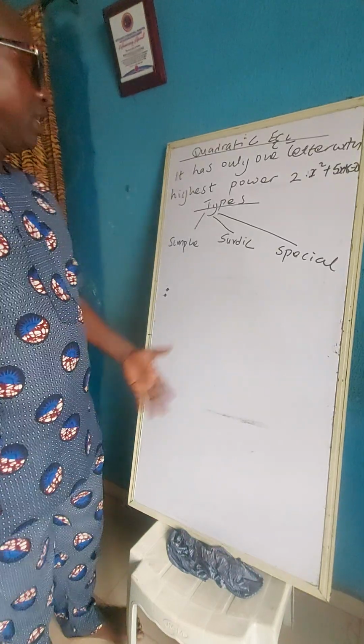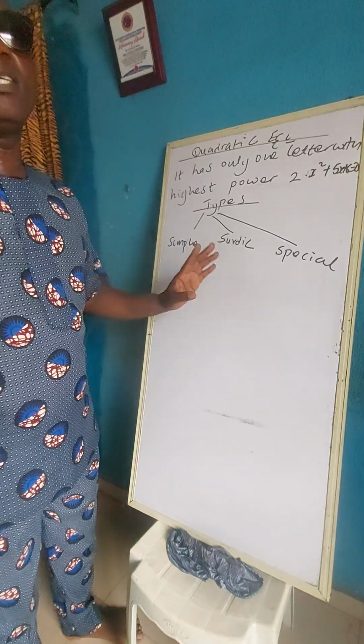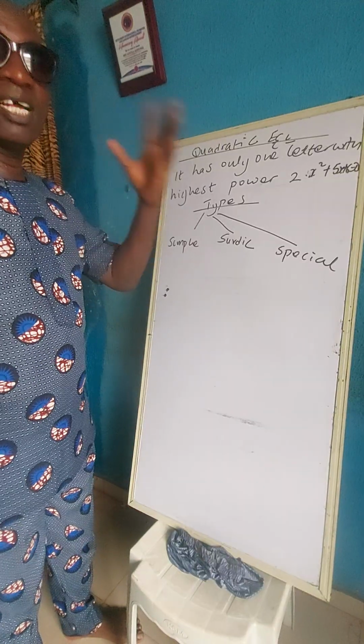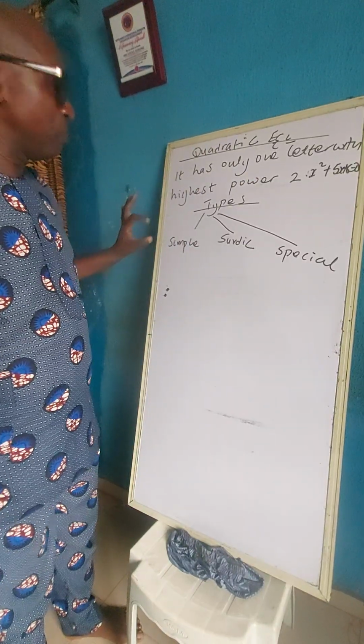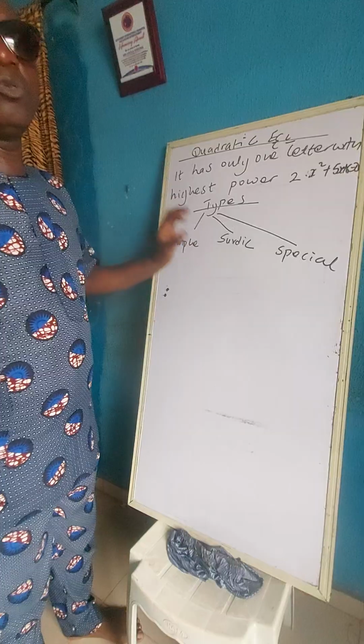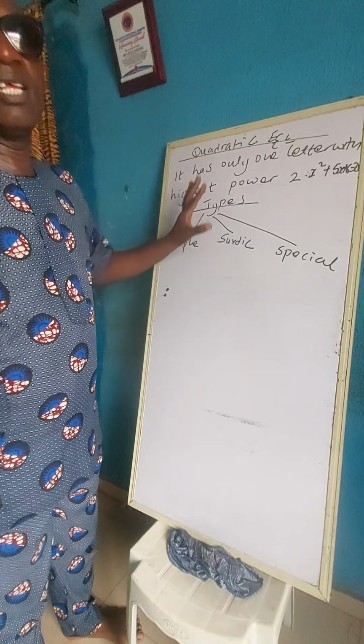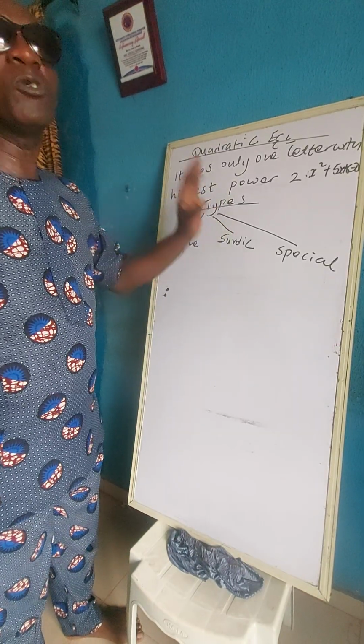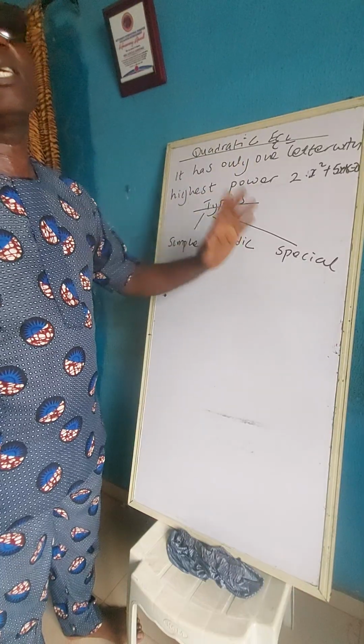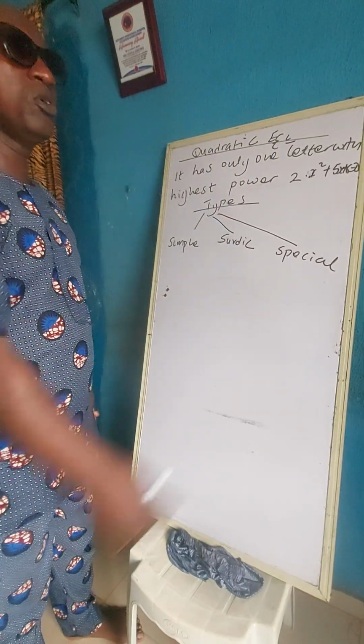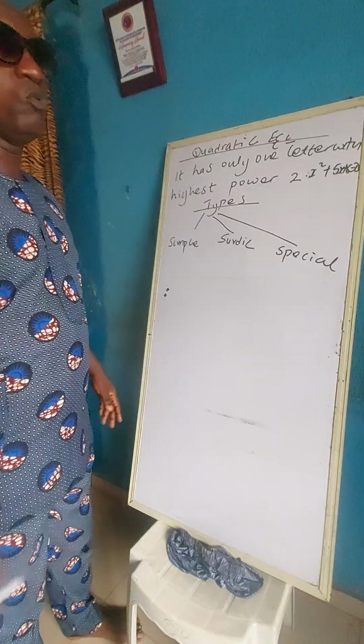Now let's move on. In quadratic equation, there are majorly 3 basic types. 1, we have simple quadratic equation. 2, we have sodic quadratic equation. 3, we have special quadratic equation. We'll take just 2 or 3 questions and solve them together.